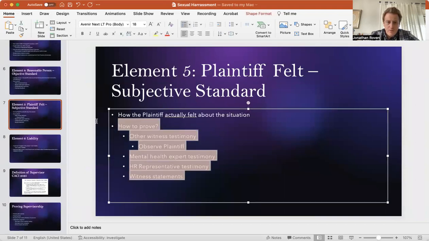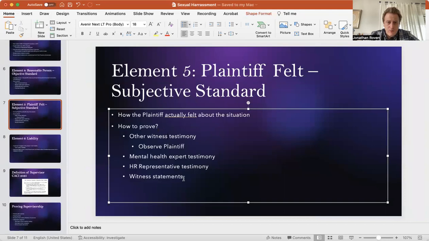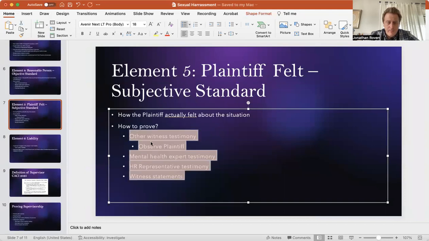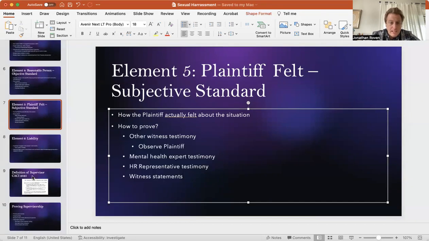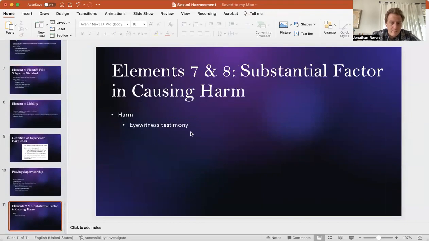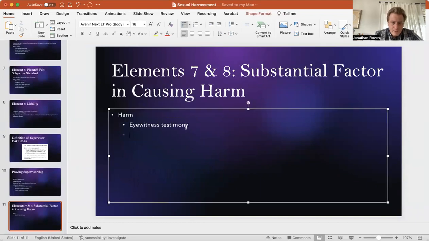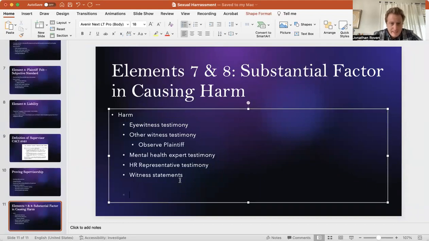So first we prove it through eyewitness testimony, observing the plaintiff, mental health expert testimony, HR representative testimony, and other witness statements. And then we show a substantial factor, which means more than trivial or remote, generally.